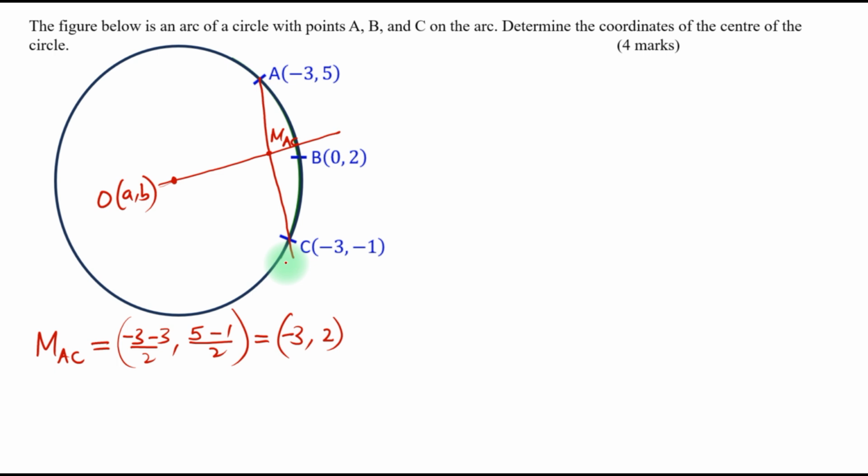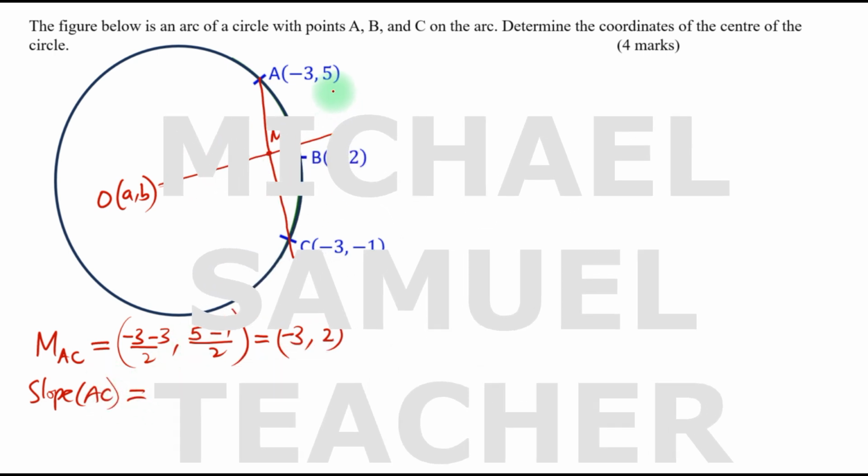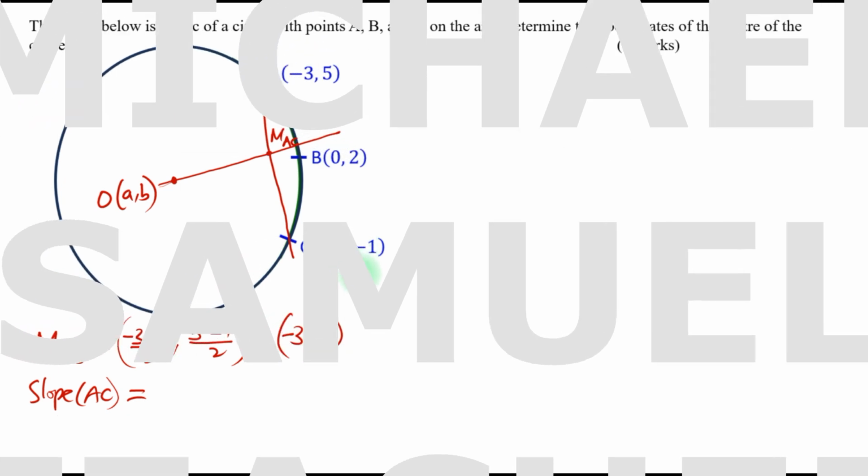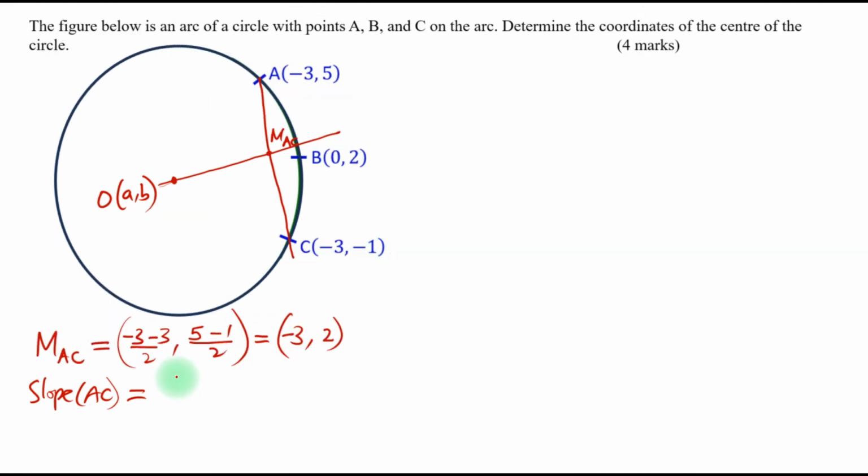To get the slope of AC, it is change in y over change in x. So change in y is 5 plus minus 1, which is 4, divided by minus 3 plus minus 3, which is 0. So this is undefined. That means this is a vertical line.